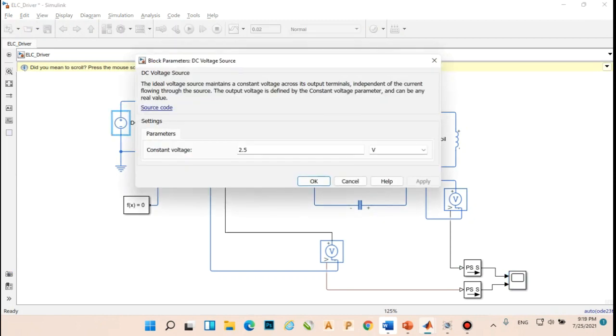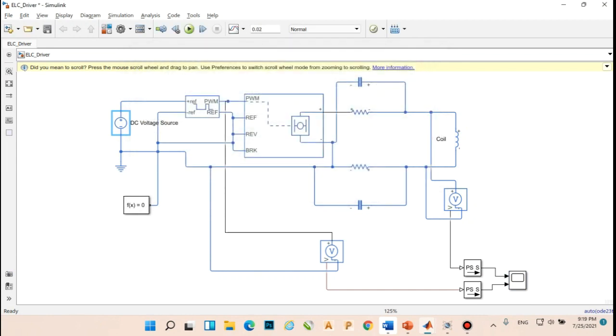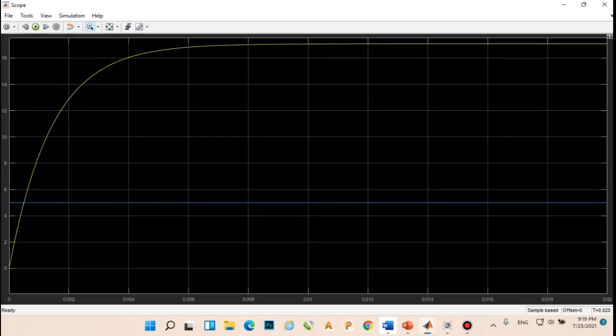If we put in 100% duty cycle, we can see a small signal output because we have a constant 5 volt input.